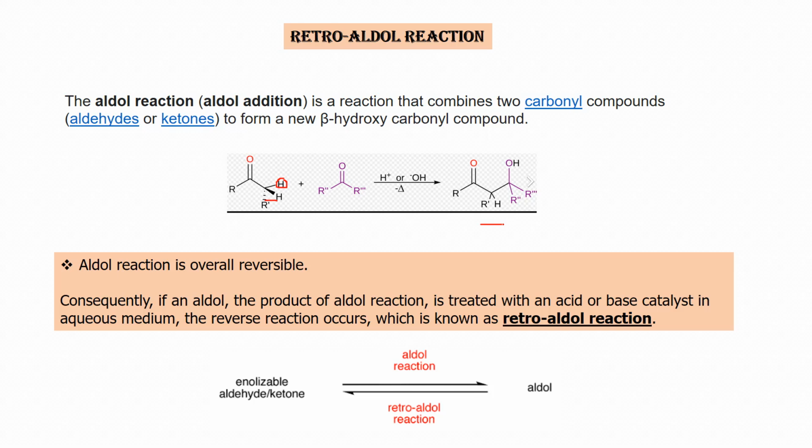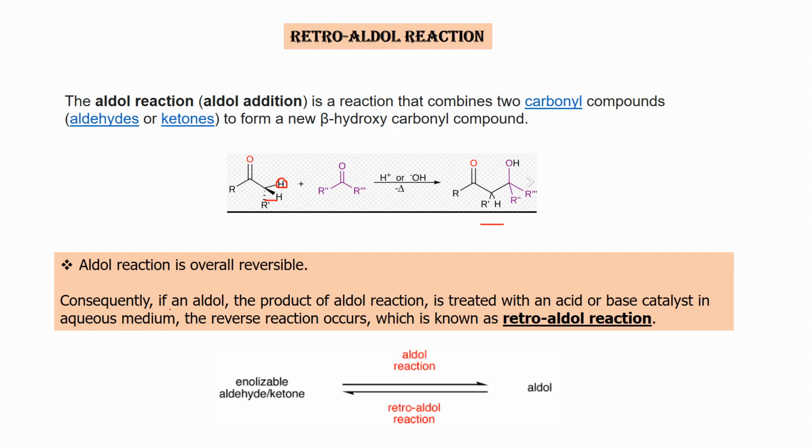So the aldol reaction is overall reversible, because just to break this type of compound you need a catalytic amount of H plus or OH minus. So this reaction is totally reversible. It can go this way and this way also.